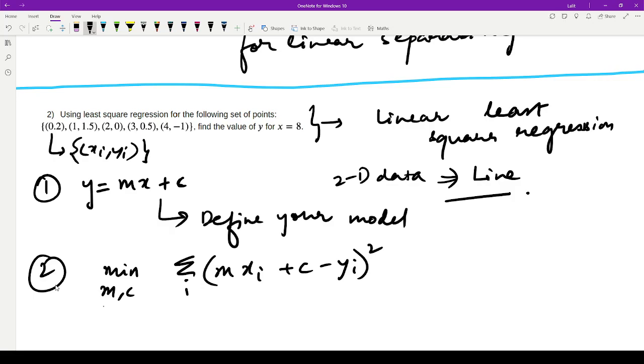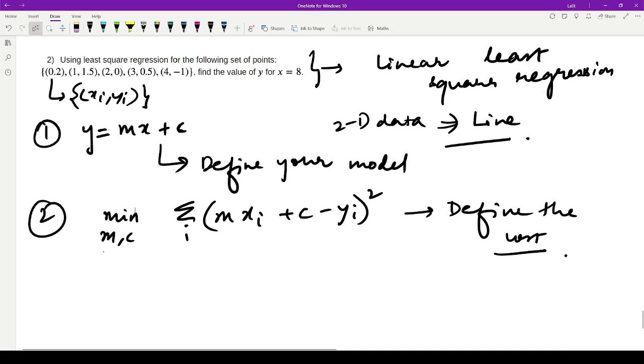Yes, your model parameters for your line is the slope and the intercept. So this is define the cost. This is the next step. Once you have this step, what you need to do? You can again rewrite it in matrix form.